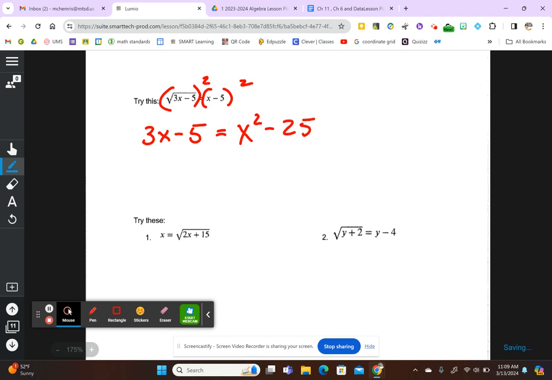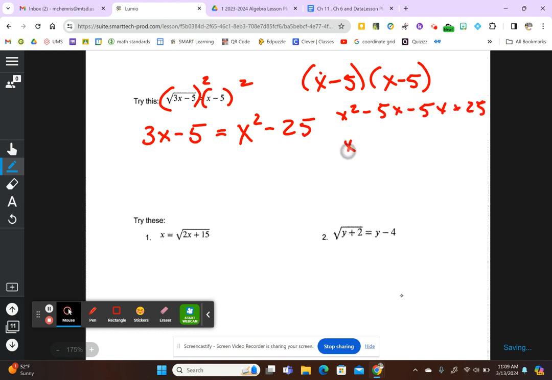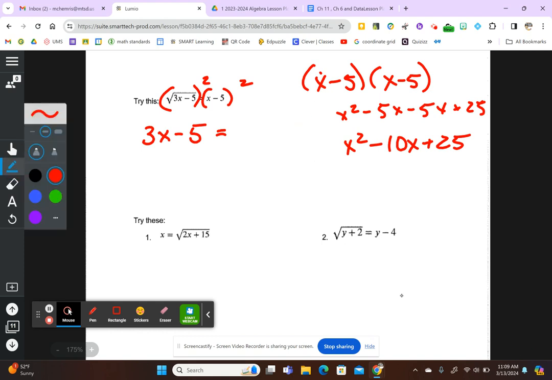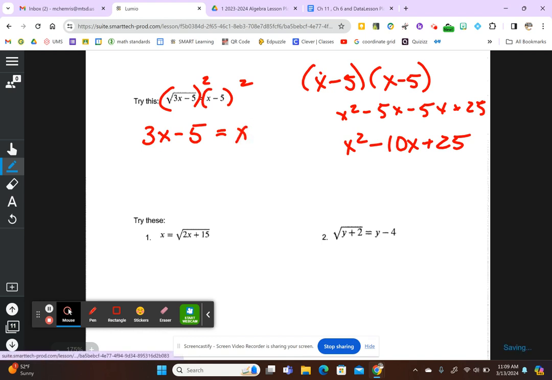That is wrong because x minus 5 times x minus 5 is x squared minus 5x minus 5x plus 25. So it is x squared minus 10x plus 25. Okay, be careful of that. A very common mistake is to just square the first, square the second, but you all know that is not true.